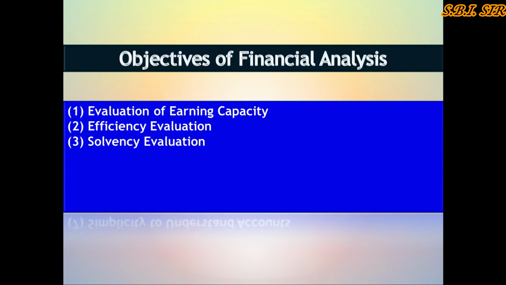The third objective is solvency evaluation. Solvency of the entity is categorized into two types. First, short-term solvency, and second, long-term solvency. Different parties provide goods and services to business entities on credit. The payment for these goods and services is to be made in a short-term period.